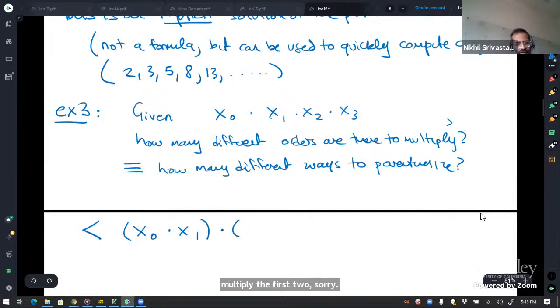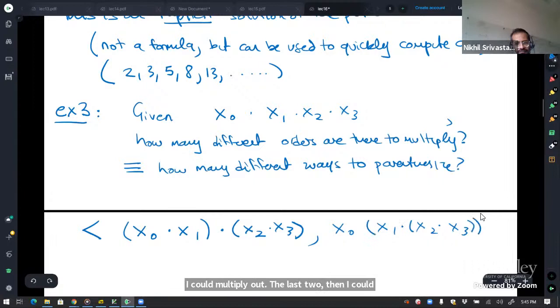And then I could multiply out the next 2. That's one way. Or I could multiply out the last 2. Then I could multiply that product by x1, and then I could multiply the whole thing by x0.